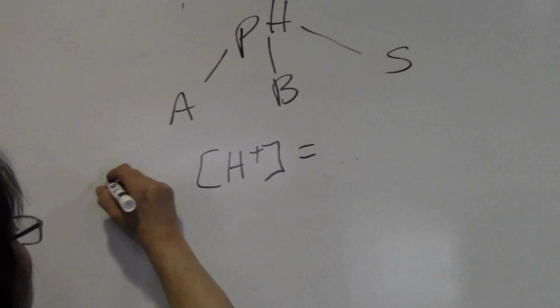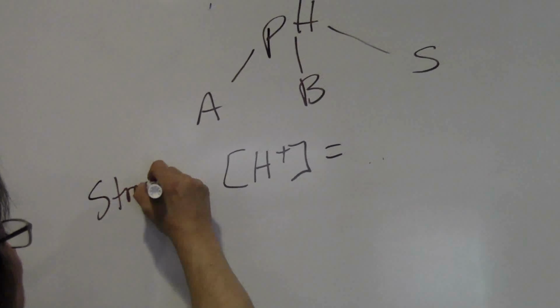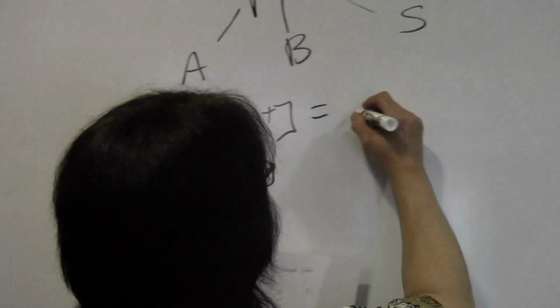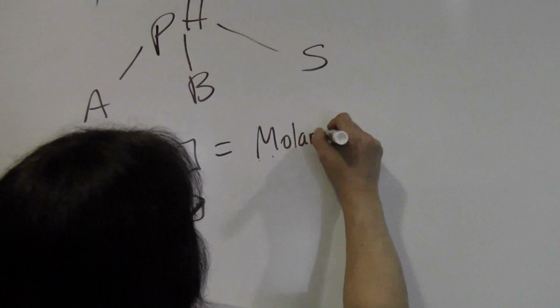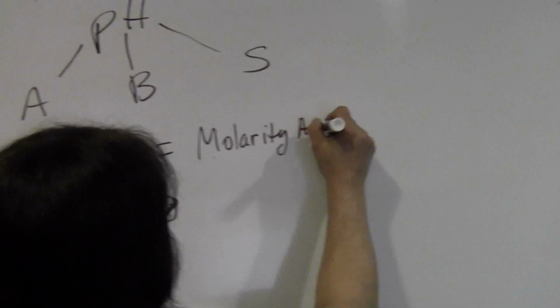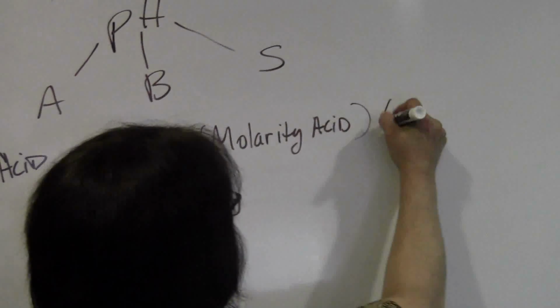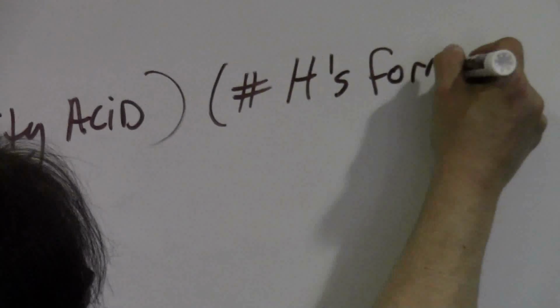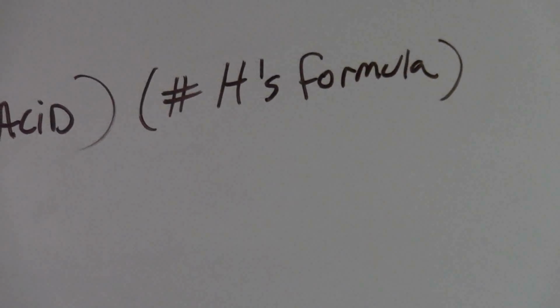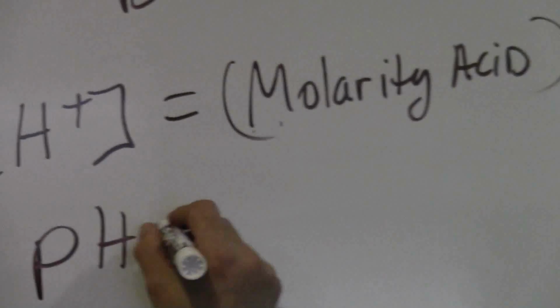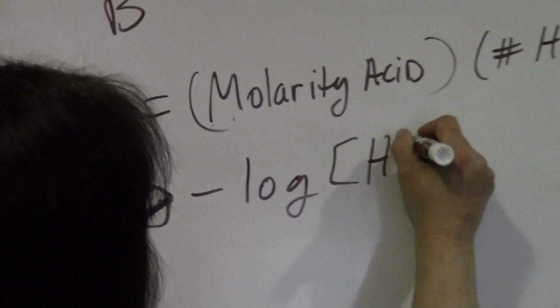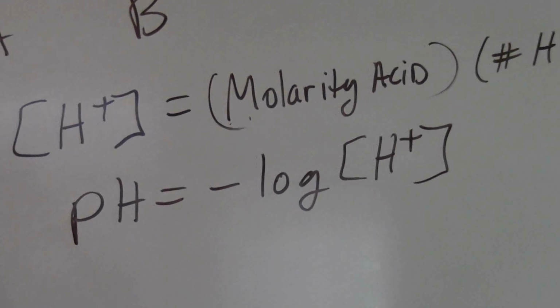For a strong acid, the hydrogen concentration is going to be equal to the molarity of the acid times the number of hydrogens in the formula that are acidic. And then the pH formula you memorize is minus log hydrogen ion concentration.